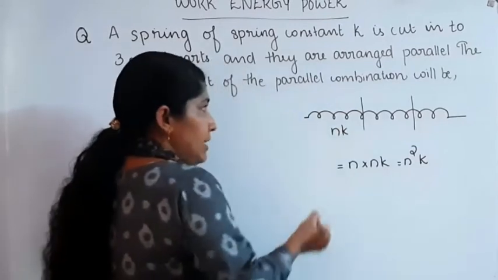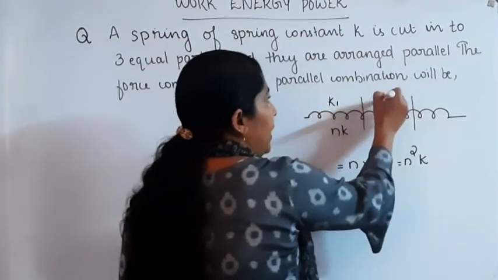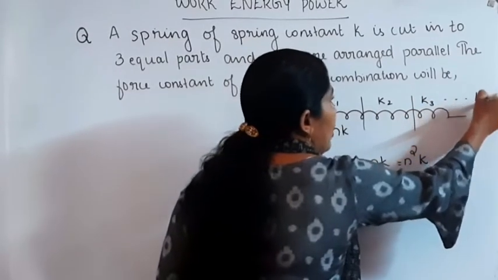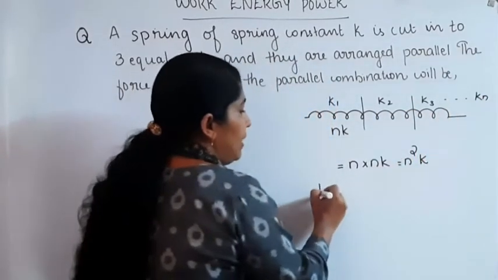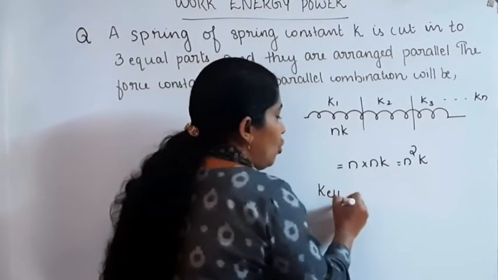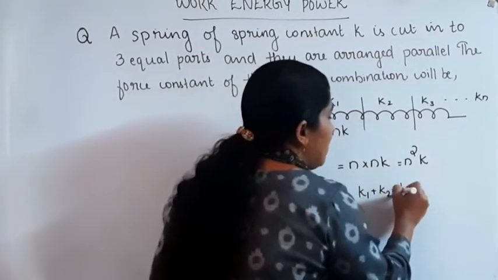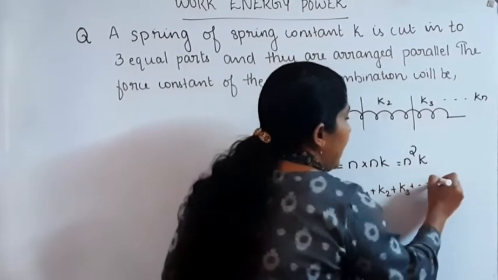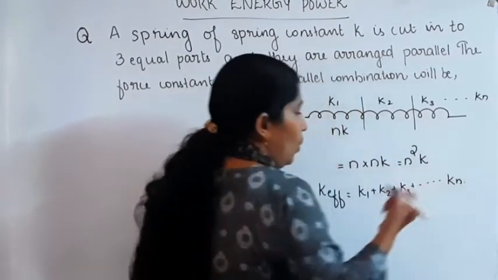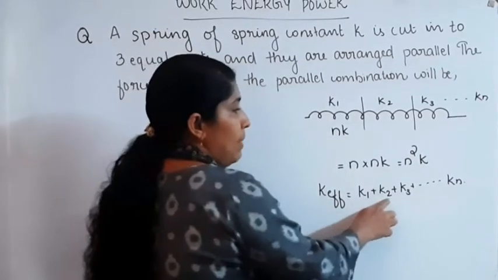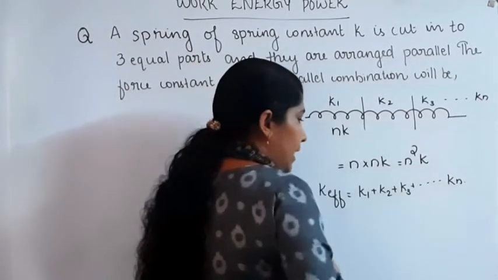Otherwise, if k1, k2, k3 etc. to kn are the spring constants of each part, then the effective spring constant in parallel combination can be written as k1 plus k2 plus k3 plus etc. to kn. If all those spring constants are equal, then we can write k plus k plus k plus etc. to nk.